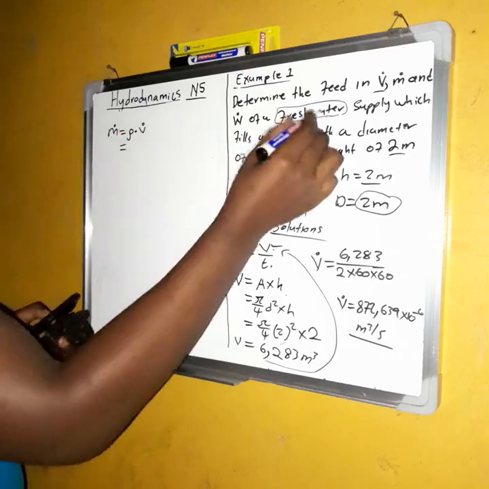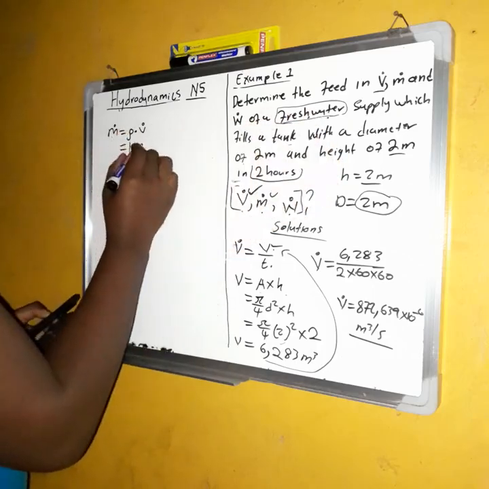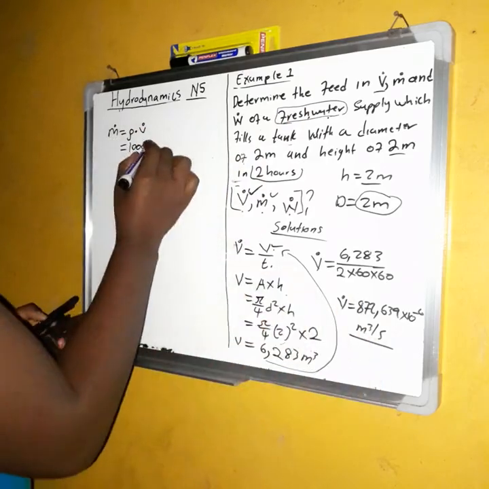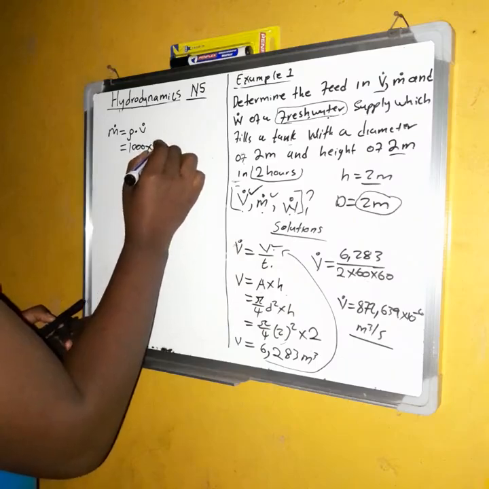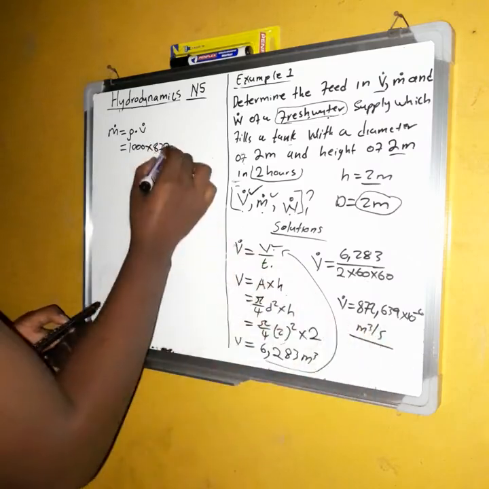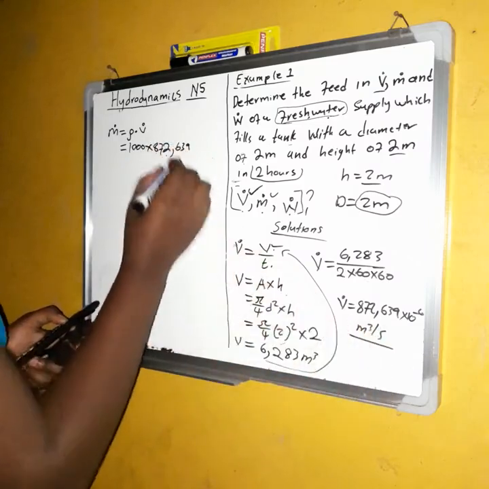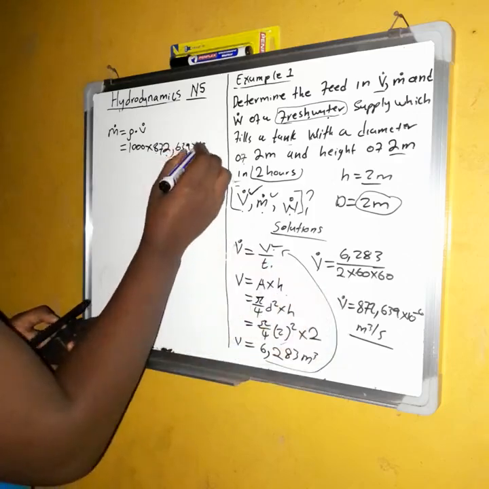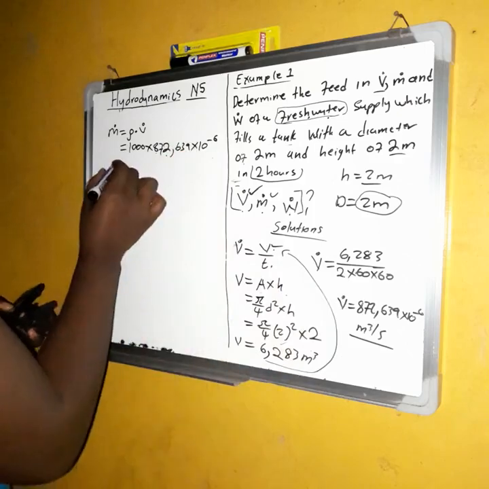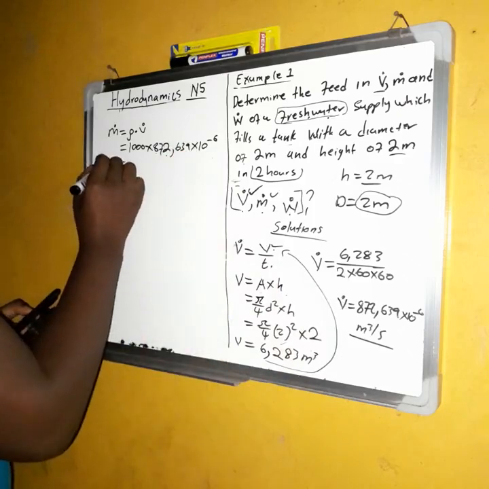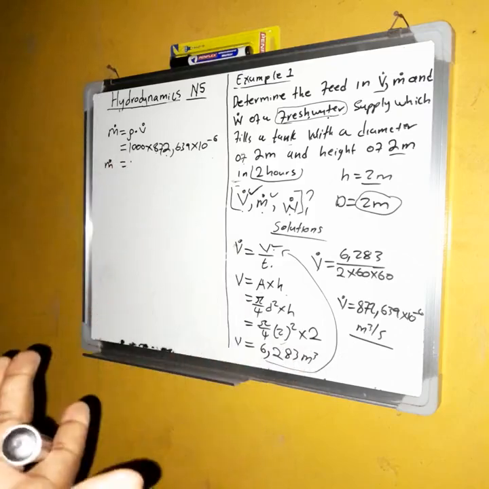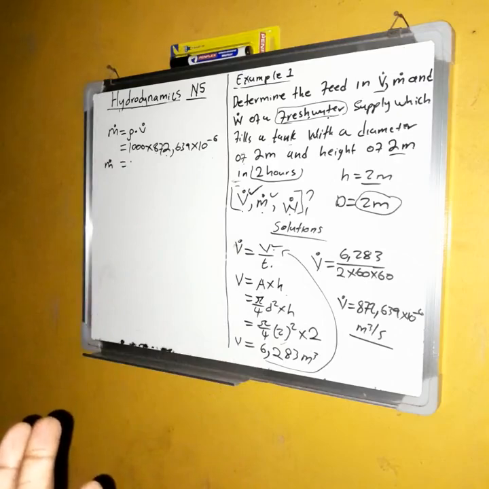The density of water, remember, is 1000 multiplied by the V flow, which is what we have here, 872,639 times 10 to the power of negative 6. Punch that on your calculator, M flow.